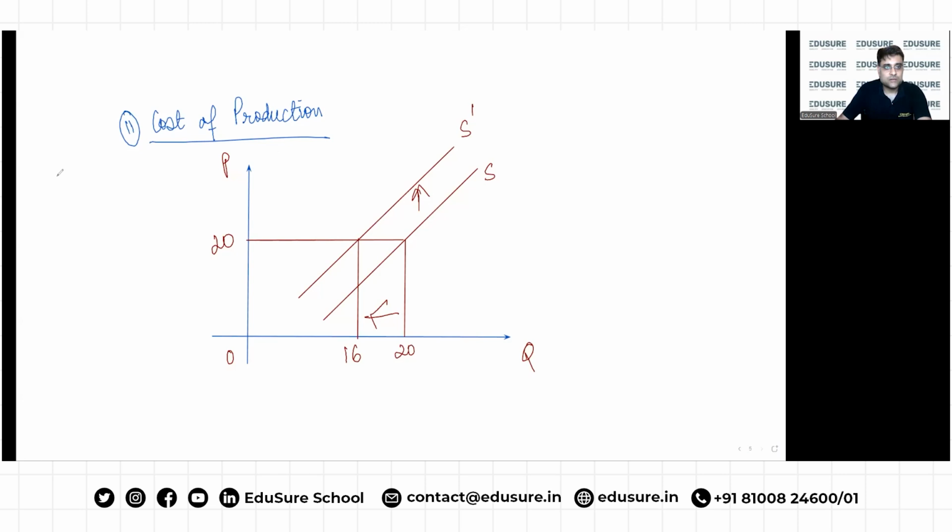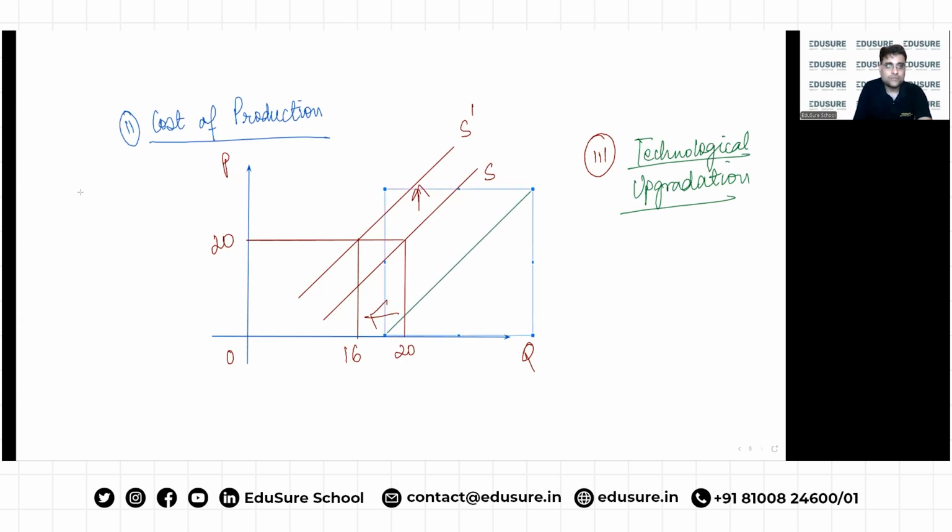Let's use a different color. Technological upgradation would mean that the supply curve now shifts to the right, and at the same price, because now the producer is able to produce more efficiently, it is able to produce a higher quantity.